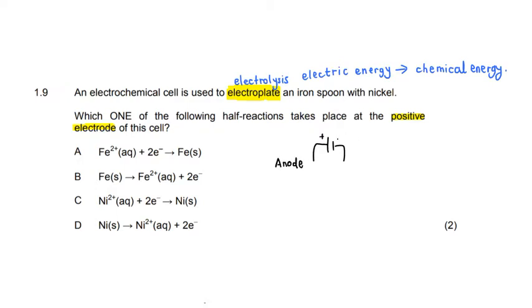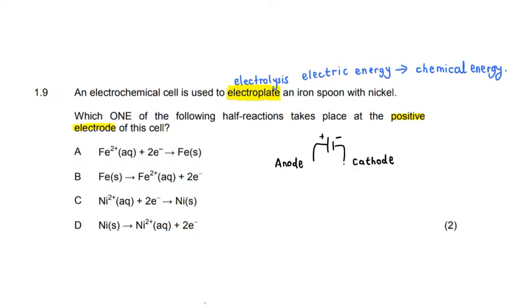And the one that is going to be connected to the negative end of your battery is going to be the cathode. Now, theory on electroplating. Whatever you want to plate, the thing that needs to be plated is always placed at the cathode. So let's just read this again. They say to electroplate an iron spoon.